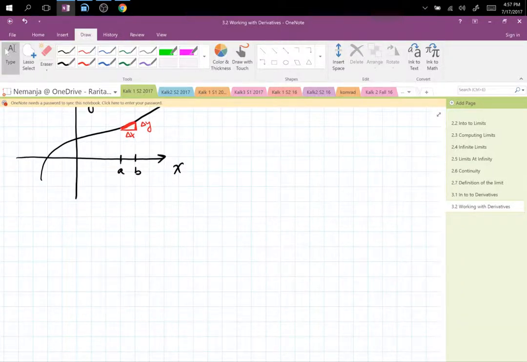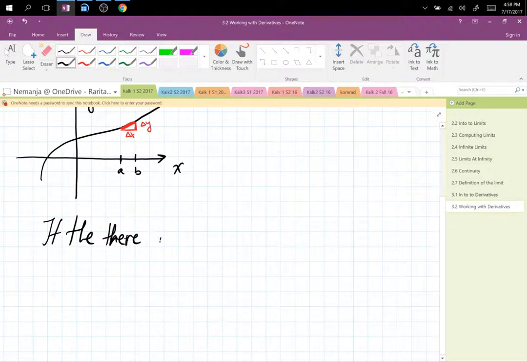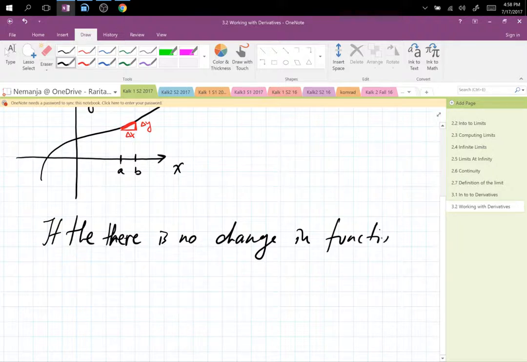So we can say verbally now, but we're going to have a formula for that next time, that if there is no change in function values, the derivative is 0.